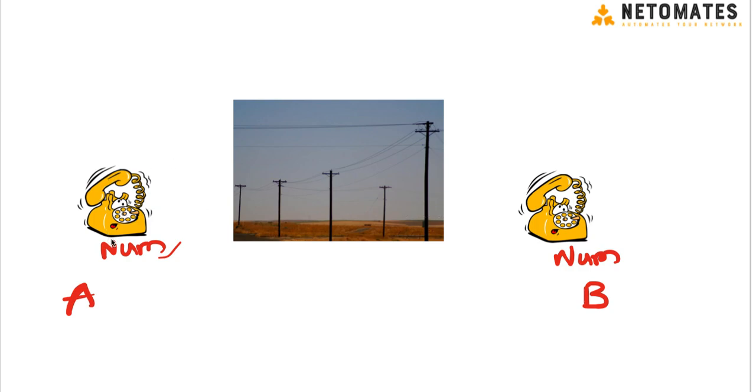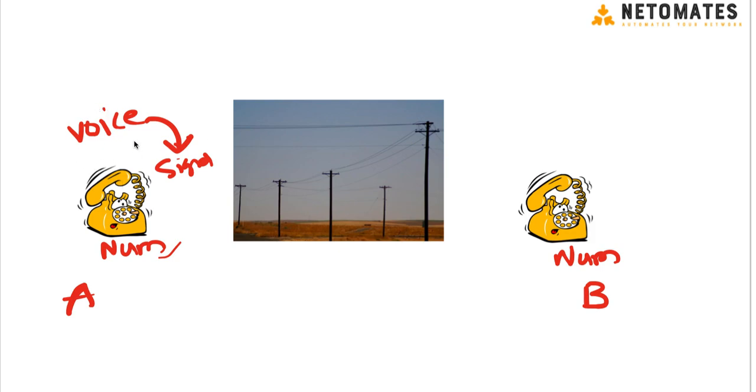What happens in the background is when person A talks into the receiver, the voice signals will be converted into some kind of signaling that can pass along the telephone wires.